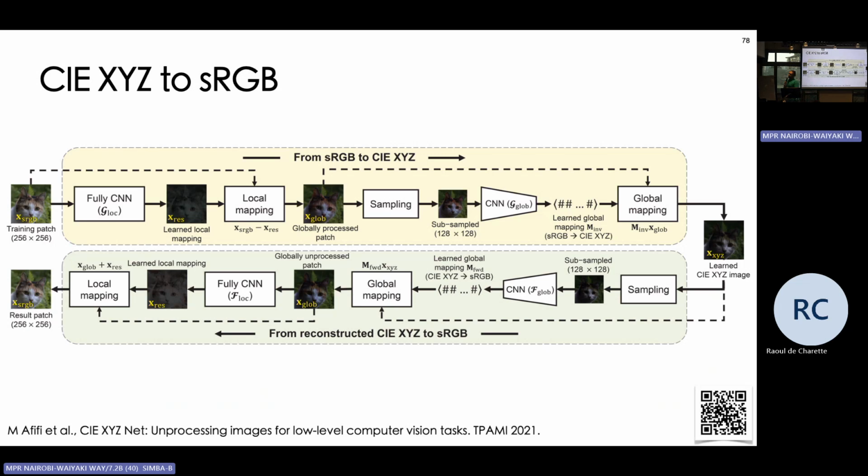So we can learn to map from sRGB to CIE XYZ. We divide the problem into a local mapping that represents any local adjustment that may happen in the camera ISP, and a global mapping to represent any global color transformation that happened in the camera ISP. And then we do the same reconstruction, or forward pass, and that is trained jointly.